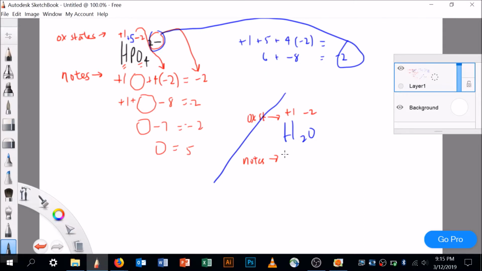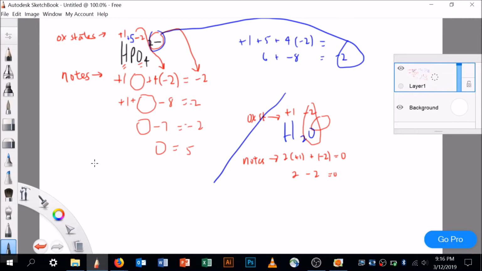Well, there's two +1s. That's going to be 2 times +1 plus -2, right? It's going to give me 0. 2 minus 2 is equal to 0, which is exactly what I wanted because there was no charge in water. So yeah, this is legit right there. The oxidation state of oxygen is -2.